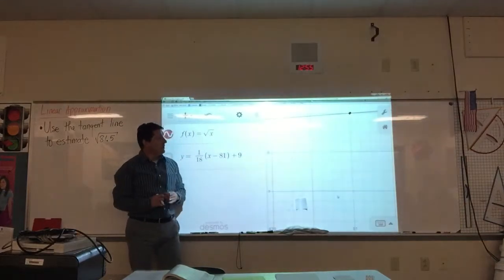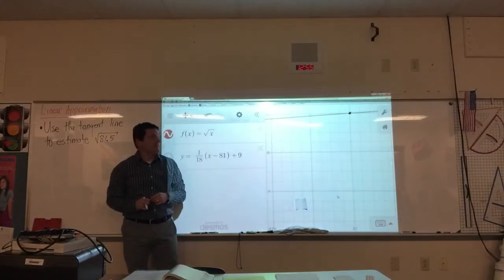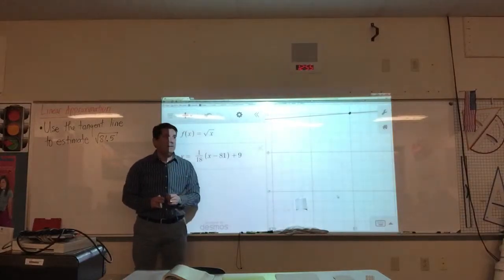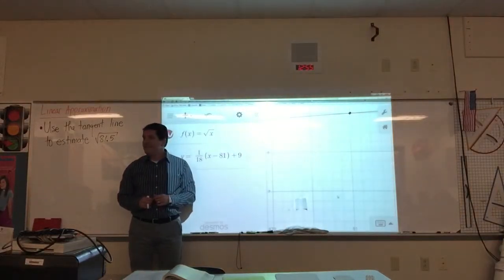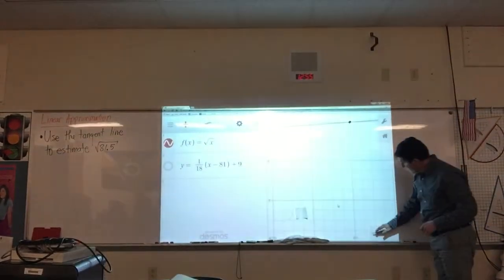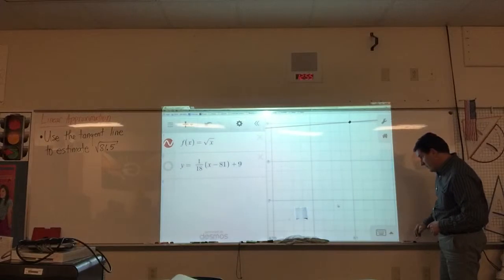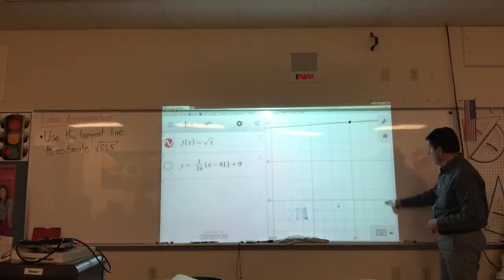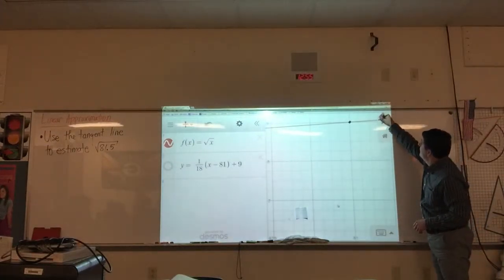You'd say, well, I don't know, just using common sense, it's going to be a little bit bigger than 9. 9.1? I don't know. 81.5, let's see. My graph here would be halfway, it'd be like right in here.